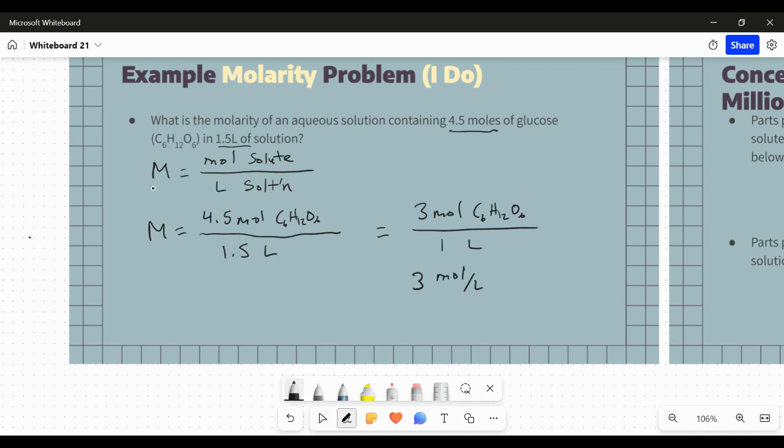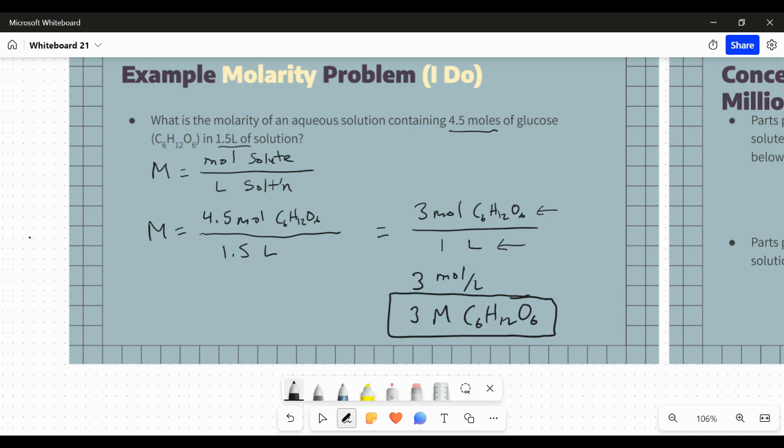Because molarity has an agreed upon formula, moles of solute divided by liters of solution, it's more common to represent this as 3 molar with a capital M, and then whatever substance we're talking about, C6H12O6. So if we were in a lab and we were talking about this, we would say that this is a 3 molar solution. And I would have an agreed upon understanding that for every 1 liter of solution that you use, you're going to get 3 moles of glucose.